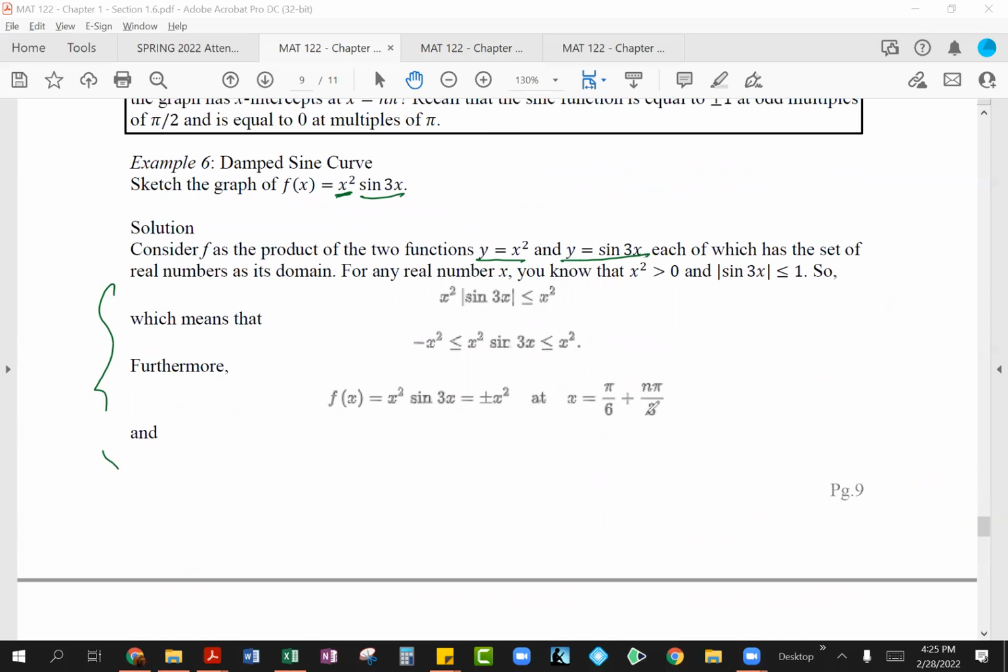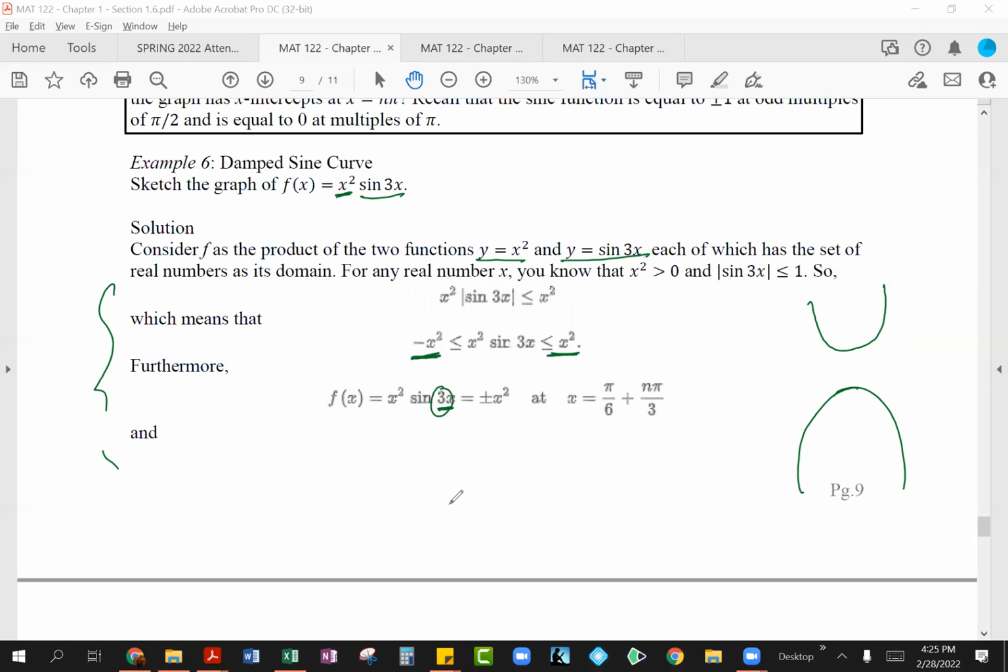And then they talk about how your function is going to be bounded by negative x squared and positive x squared. Remember, positive x squared is a parabola that opens up. Negative x squared is a parabola that opens down. And then, of course, we know sine of 3x is where your period of the function changes because of that b value of 3.